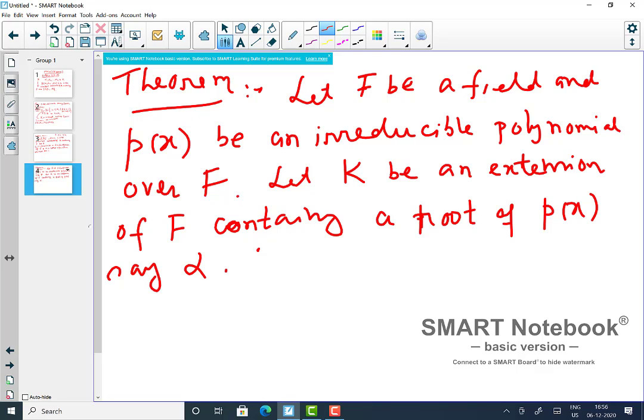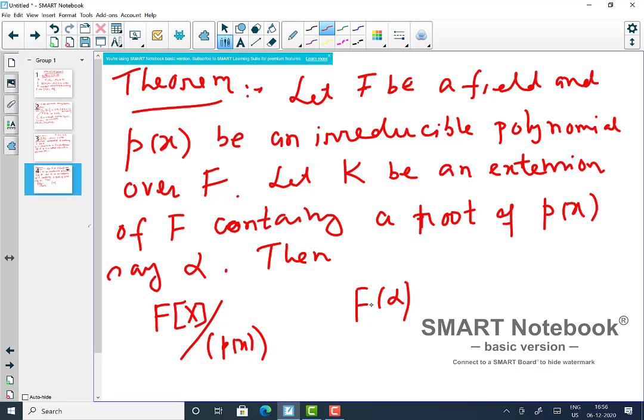Then you have two things. On the one hand you have the field F[x] modulo this minimal polynomial, you just quotient out by that, and it will be a field, you know that. On the other hand you have another field, the simple extension F of alpha. Both of these are subfields of K.